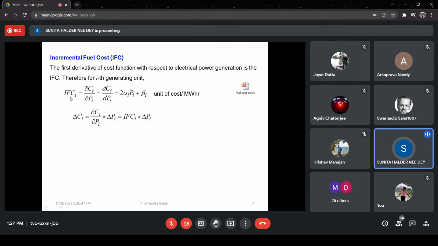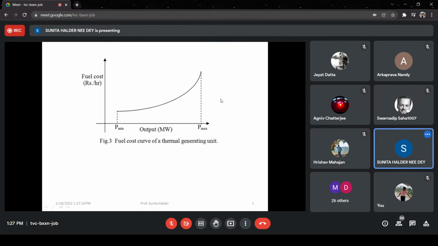Now, what is dC_i by dP_i, or the incremental fuel cost? Obviously, it is the slope of the fuel cost curve, because in this cost curve the y-axis is fuel cost and the x-axis is power generation. So dC_i by dP_i will give you the slope of the curve.